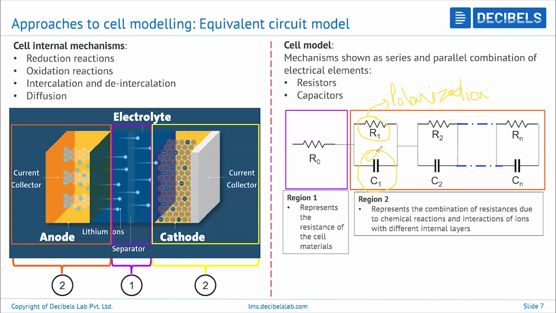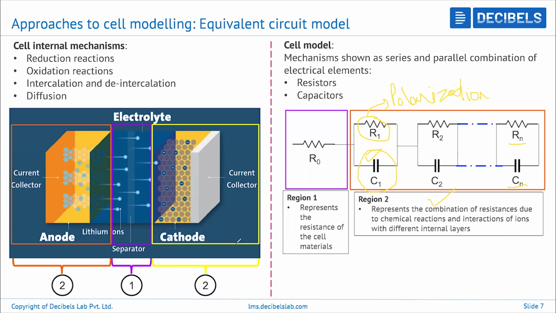You can see here R1, C1, and then again combine this with an R2 and C2, and so on till such time anyone is satisfied that all the processes that are required to model the cell have been represented here. So it could be any n number of combinations of resistances and capacitors to get the complete cell model ready.